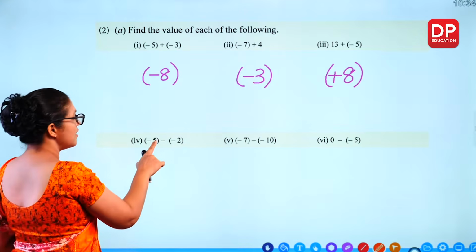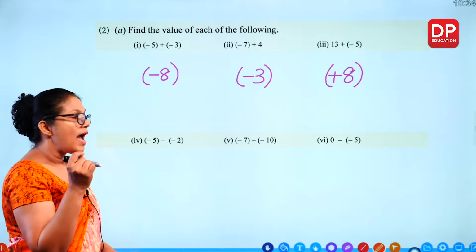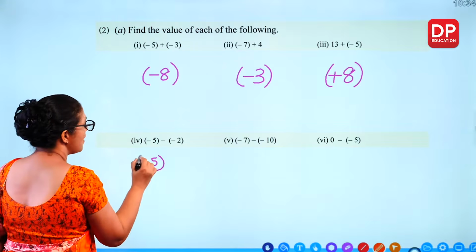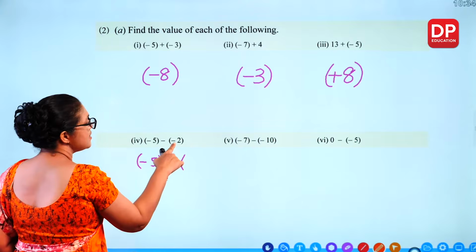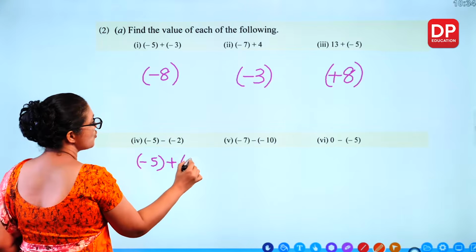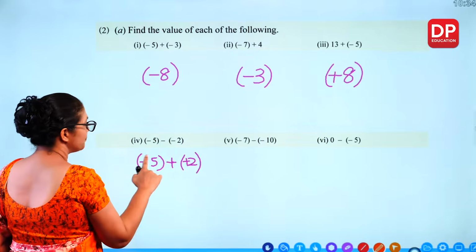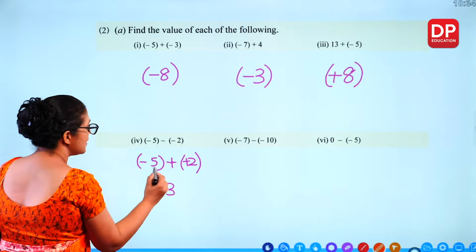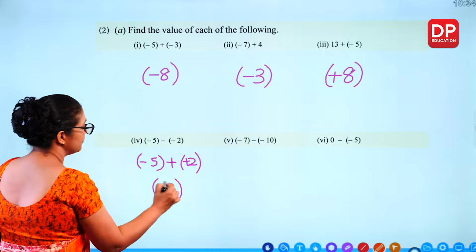Subtraction, you can convert to adding the additive inverse. So minus 5 plus the additive inverse of minus 2, that's plus 2. Now this is two different signs. Take the difference and put the sign of the bigger number, minus 3.